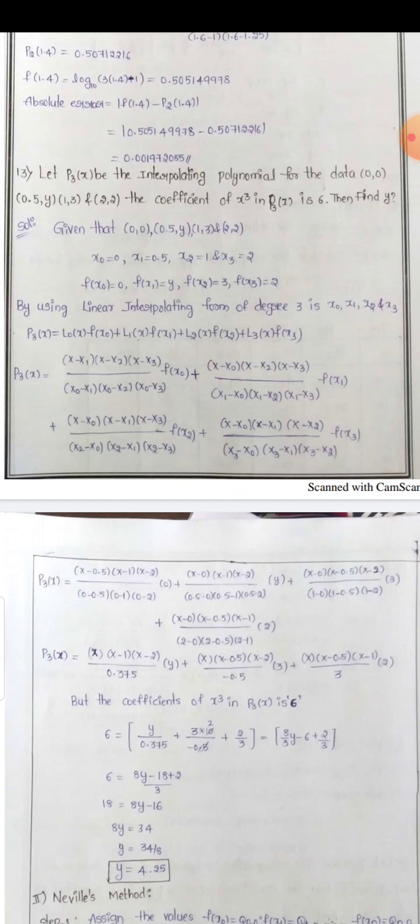Using the interpolation formula of degree 3 with x0, x1, x2 and x3: P3 of x is equal to L0 of x f of x0 plus L1 of x f of x1 plus L2 of x f of x2 plus L3 of x f of x3.